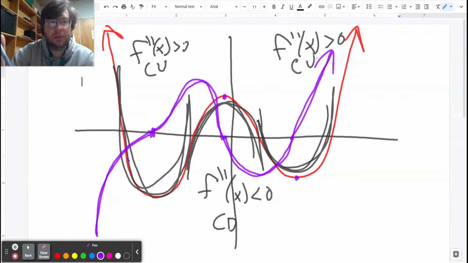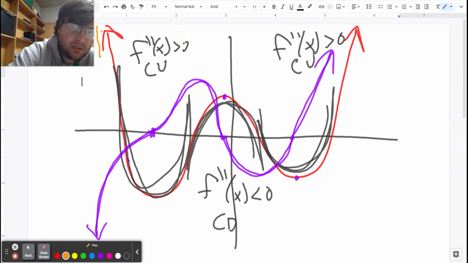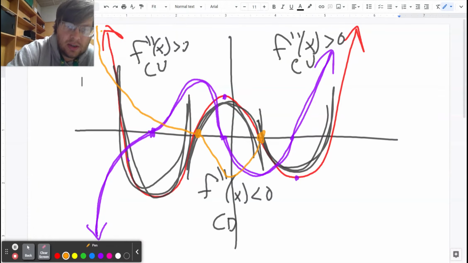So all I'm going to do is play the same game I just did, but looking at the purple graph. So I'll draw my second derivative in orange. This is increasing. So I have a positive second derivative. It's increasing until here, because that's the peak of the purple. Then it's decreasing until here, because that's the valley of that.